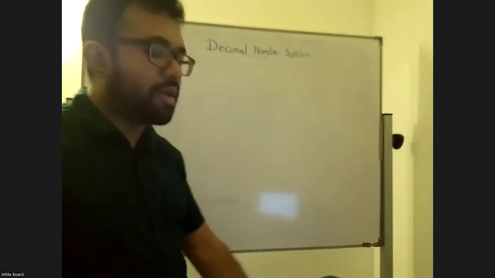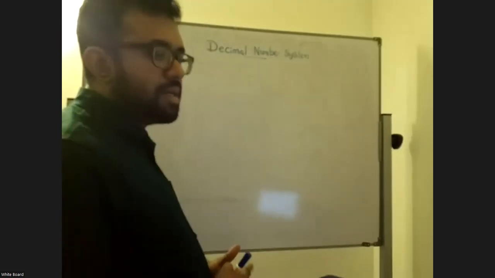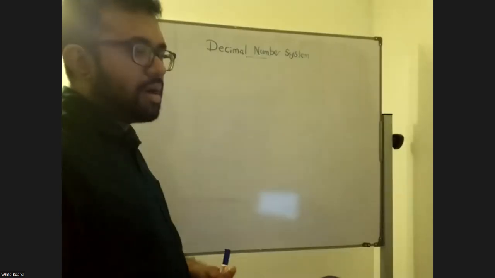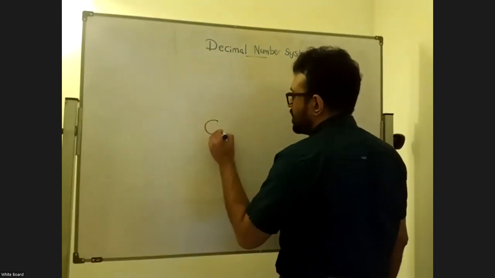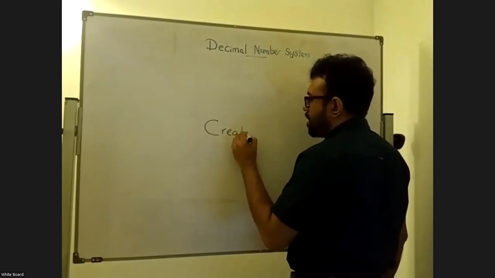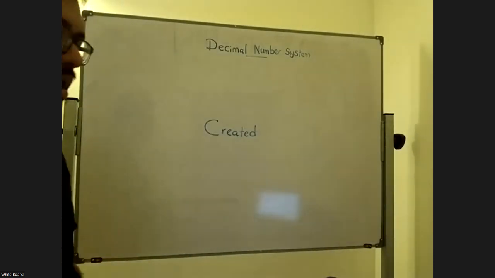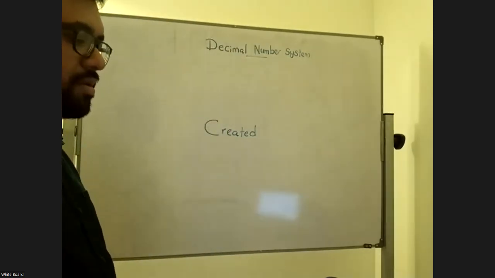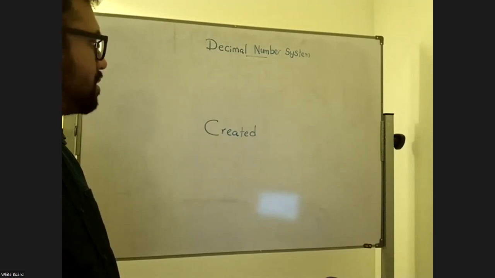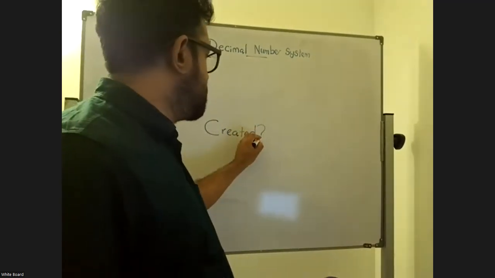We have to write down: how a decimal number is created? Put a question mark also at the end. How is a decimal number created?